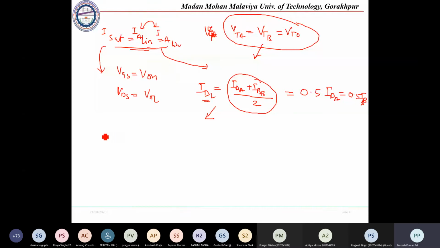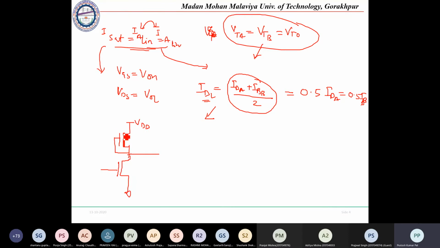At that time, we can represent it as an equivalent inverter form. Basically, our main motive is to implement whatever complex circuit is there in the form of its equivalent inverter circuit, because an inverter circuit is easy to analyze. So we will convert it into an inverter circuit. This will be the load one.